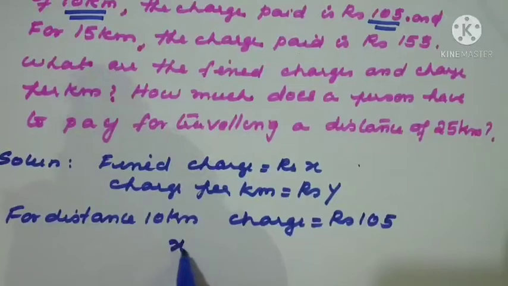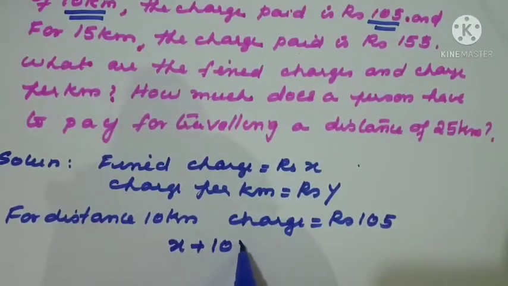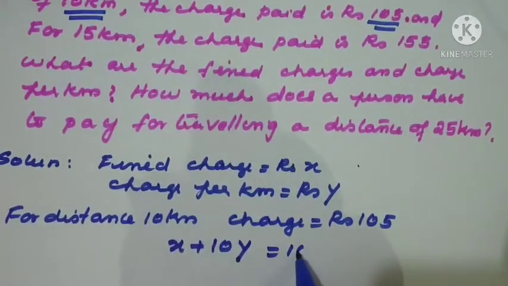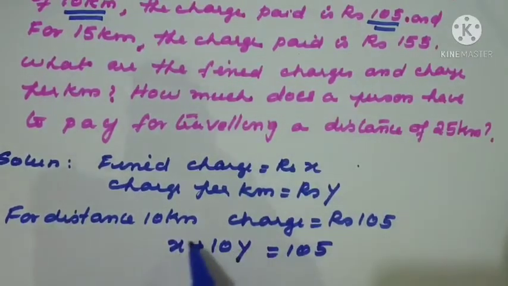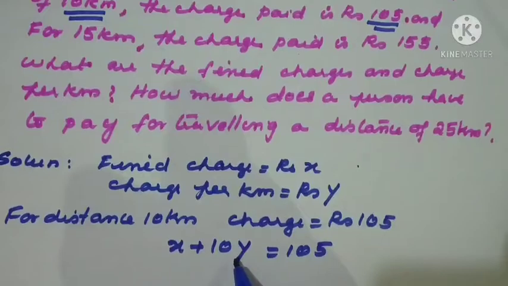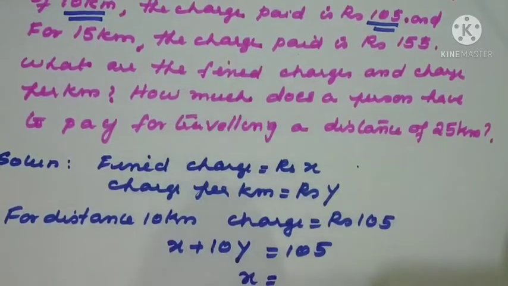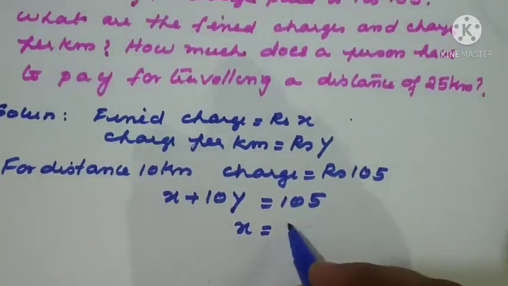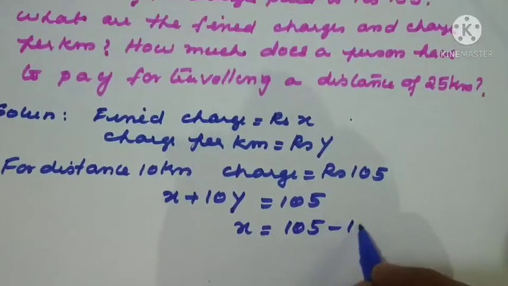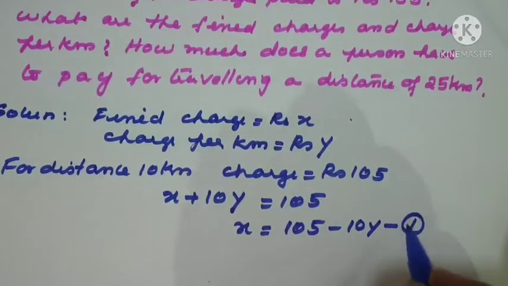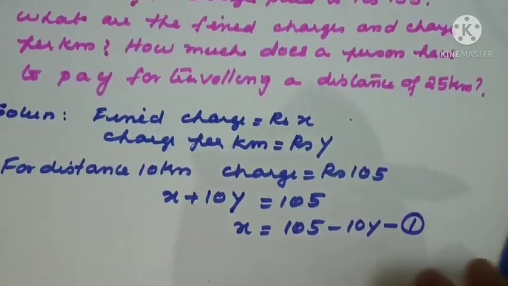So x plus 10 kilometers times y, 10y, equal to 105. That means the fixed charge together with the charge per kilometer is included, and it is 10 kilometers only. So x plus 10y equal to 105, or x equal to 105 minus 10y. Equation number 1.